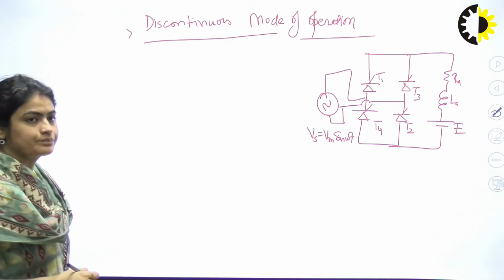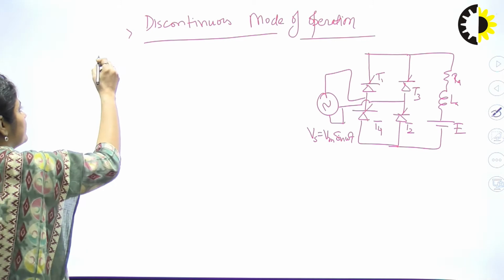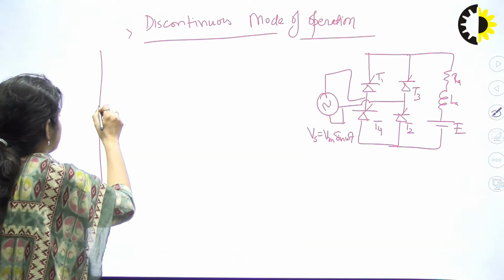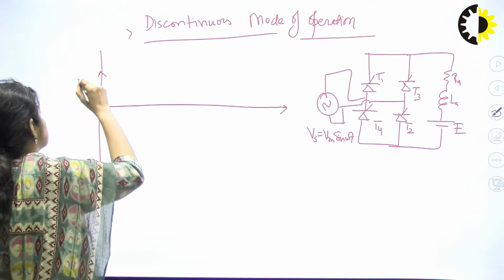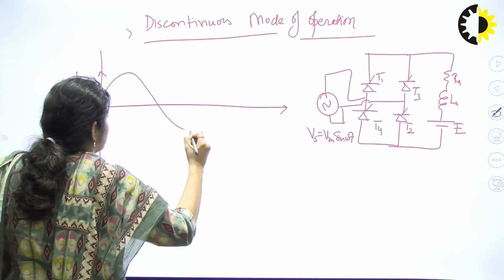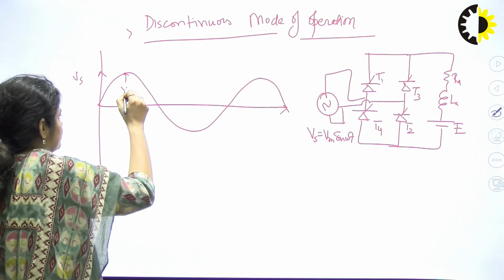Now with the help of the waveform, we can understand the separately excited DC drive system. Suppose this is the input voltage Vs, the instantaneous value you can draw like this. It has a maximum value Vm.